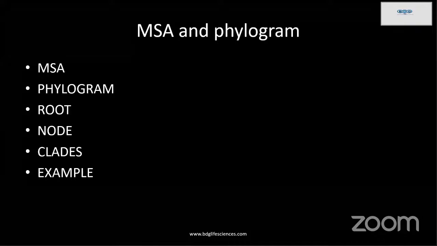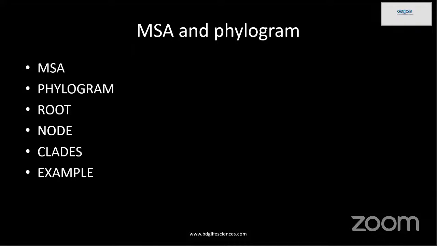And now we also have MEGA X, which is also an excellent tool for analysis of sequences and multiple sequence alignment. So we first do multiple sequence alignment and, going ahead on the same line, the best application is the phylogram.